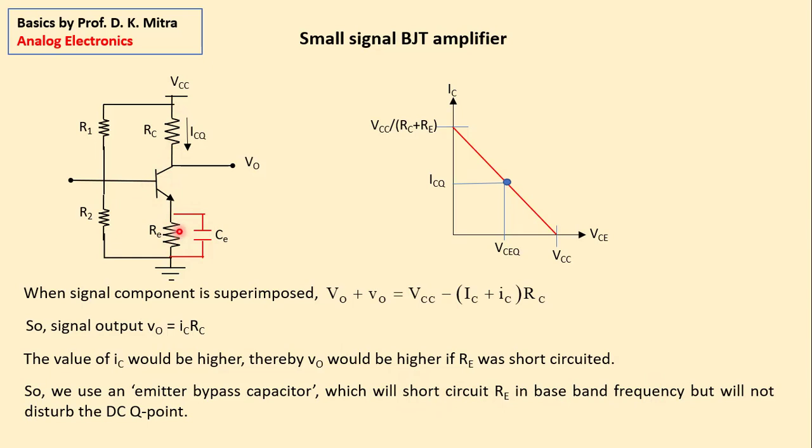So the DC quiescent point, or ICQ, does not change. You got the technique? I repeat once again. We choose the capacitor in such a value that during the range of our operating frequency, its impedance is much, much lower than this emitter resistance RE. So this loss of output due to RE is compensated, and the amplifier gain will increase.